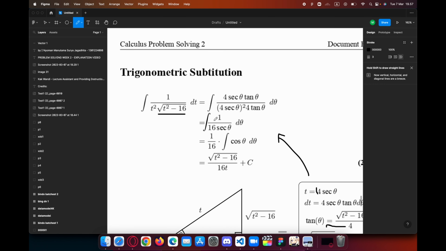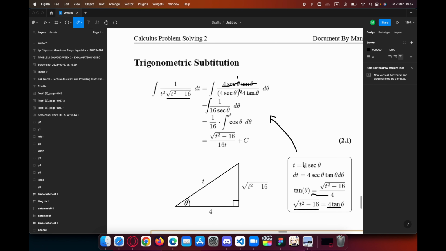So we can do a bit of simplification. The tan theta cancels, so we are left with 4 secant theta times 4, so it's 1 over 16 secant theta, integral with respect to d theta.